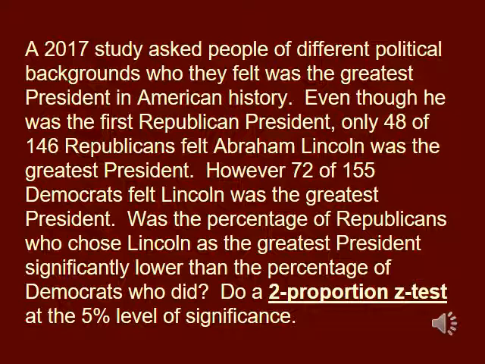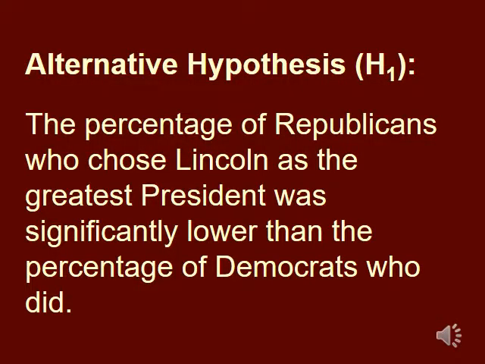Here, the question says, was the percentage of Republicans significantly lower than the percentage of Democrats? To find the alternative hypothesis, the H1, I just turn that around and make it a statement. So I say the percentage of Republicans who chose Lincoln as the greatest president was significantly lower than the percentage of Democrats who did. Basically, Republicans were less than Democrats is what we're saying when we do that.